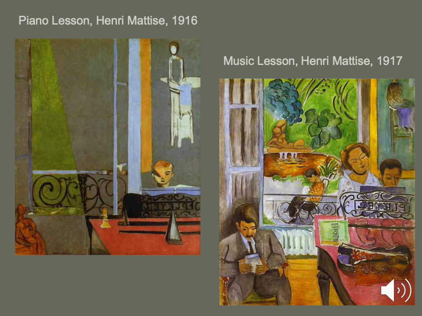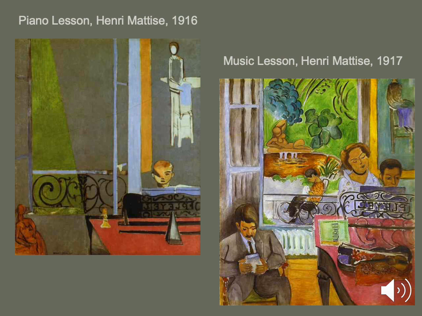Okay, so then the one on the right, because we have this much more lush interior, we have other figures that are present that actually represent Matisse himself and his wife, and the little boy is his son. But basically, you have a family there. You have other musical instruments that indicate that other members of the family play music. It's not just the boy.